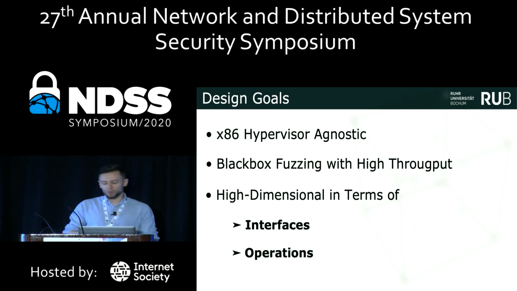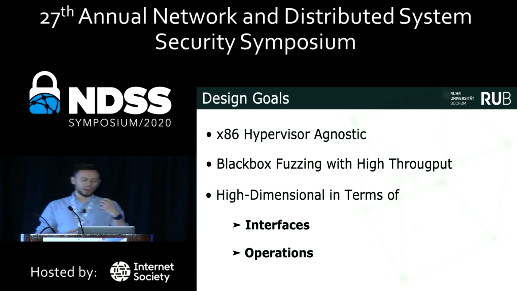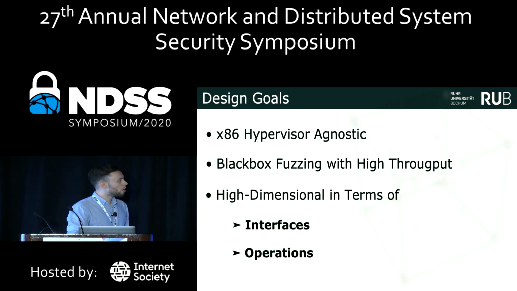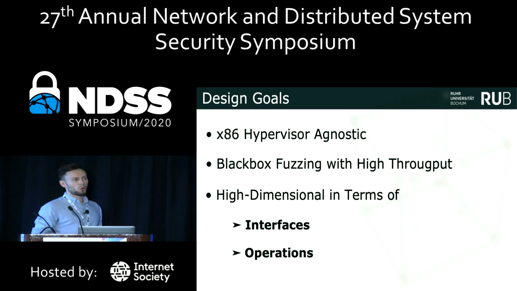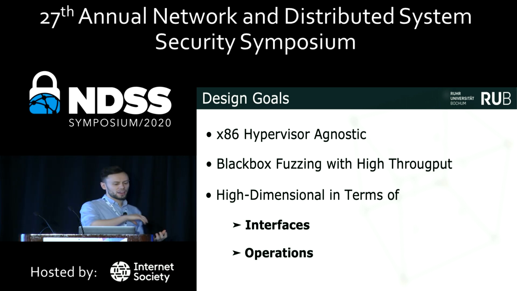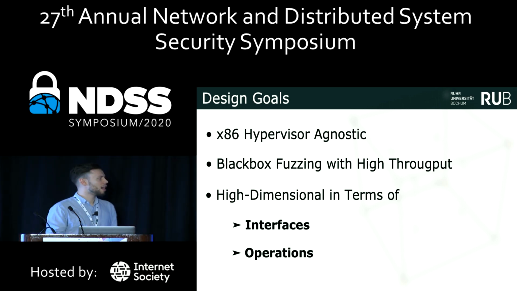And instead of utilizing coverage-guided fuzzing techniques, we built our fuzzer as a black box fuzzer, and there's a reason for that. First, if you want to support closed source hypervisors, it's almost impossible to trace the closed source hypervisor in an efficient and fast way.